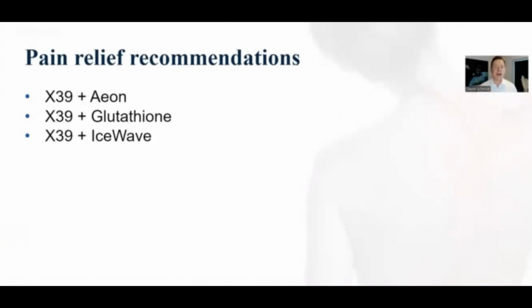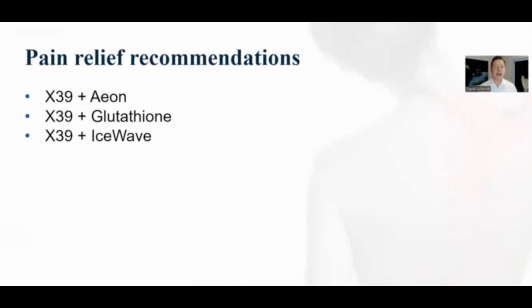Now, many people will get pain relief just with X39. If it's a chronic injury, though, they've had it for a long time, I'd recommend putting an Eon patch at the point of pain. They may start feeling results within seconds, within 2 to 3 minutes, and some very dramatic improvements within about 20 minutes. We know this from our clinical studies.